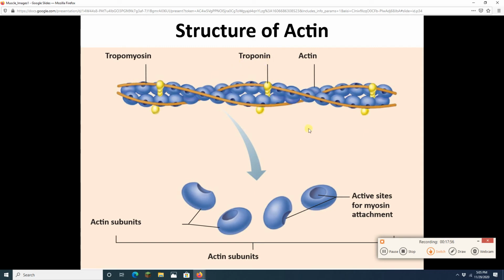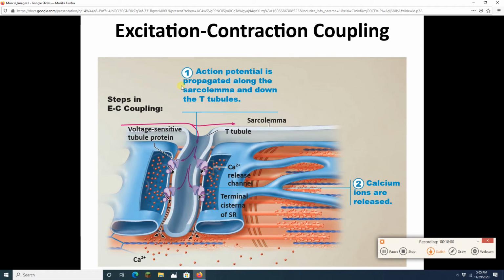All right. Let's backtrack for a second. We know an action potential was induced in our muscle cell because of acetylcholine released by a motor neuron. The action potential travels along the muscle cell, dives down the T-tubules, next to the terminal cisternae of the sarcoplasmic reticulum, and it causes those cisternae to release calcium, and then calcium rushes into the sarcoplasm.